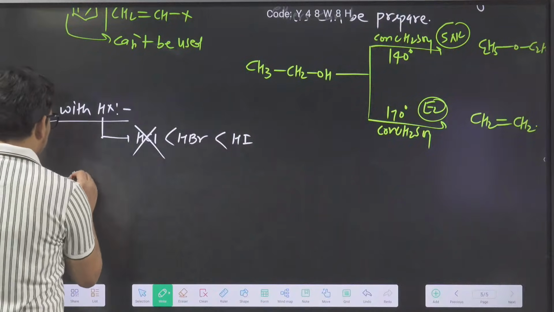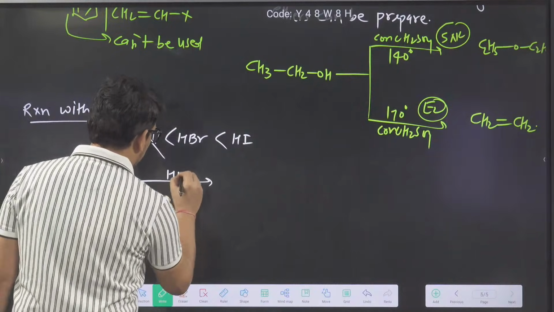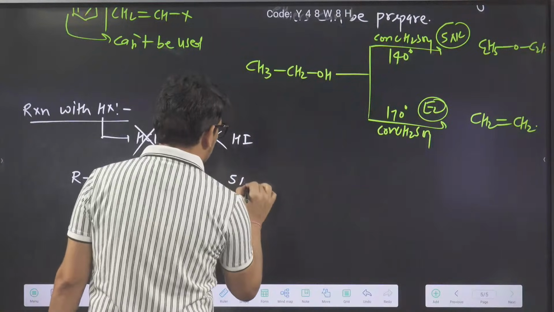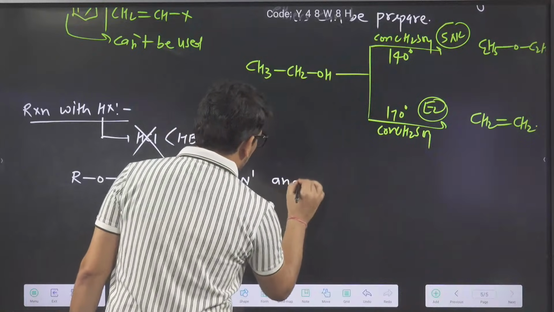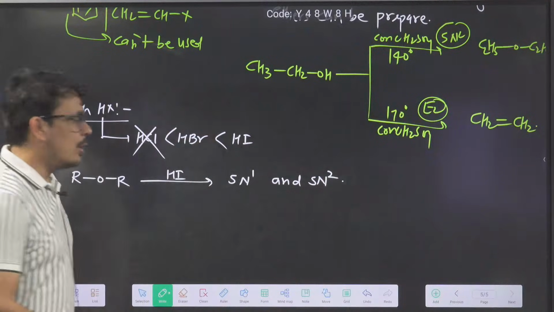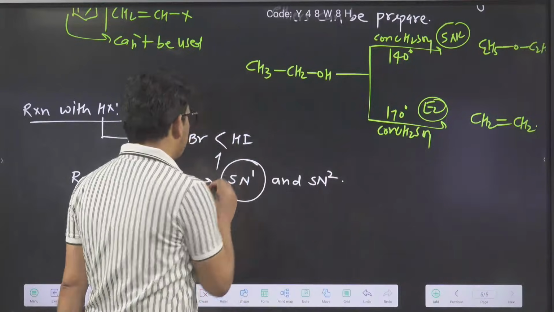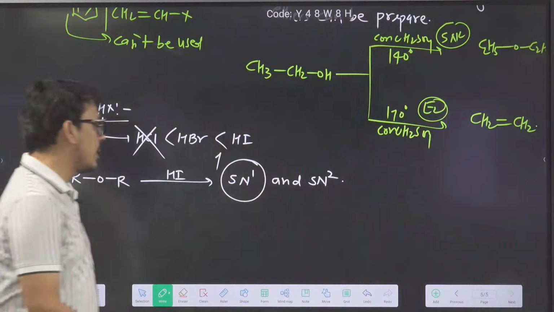Now let's say this is ROR and it is reacting with HI, then this reaction may be either SN1 or SN2. So always check SN1 first. How to check SN1?